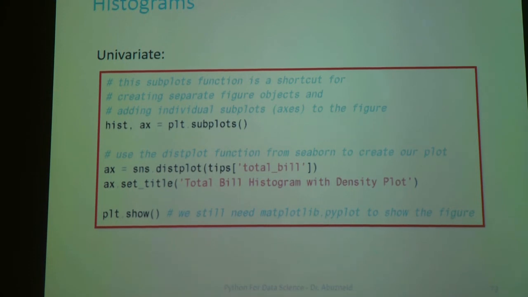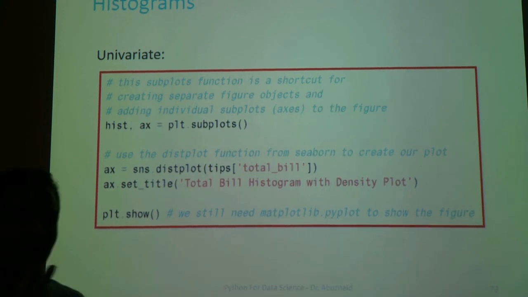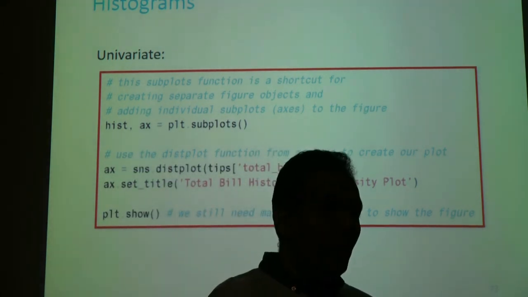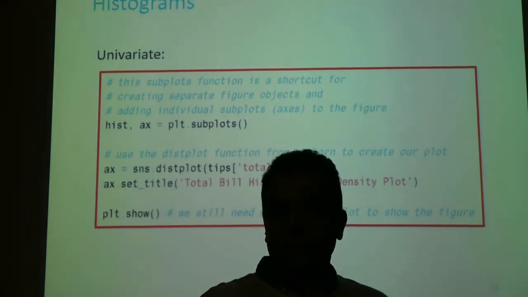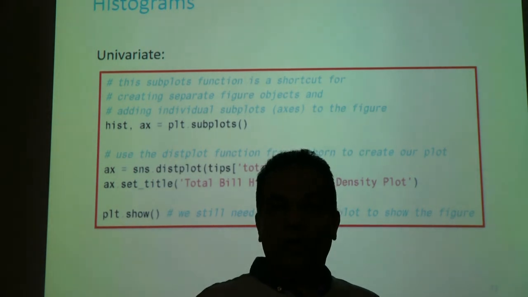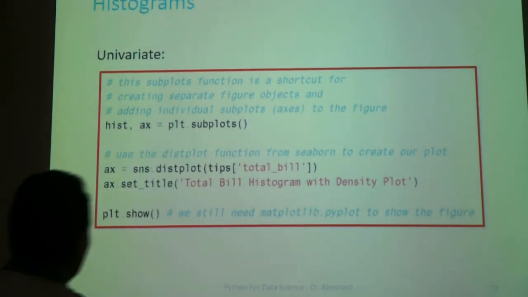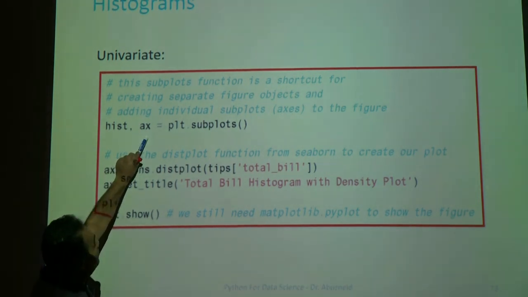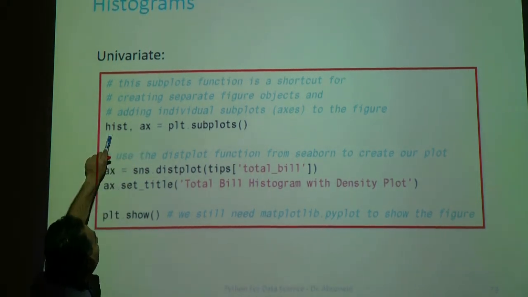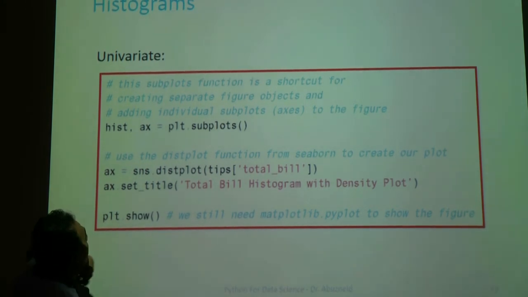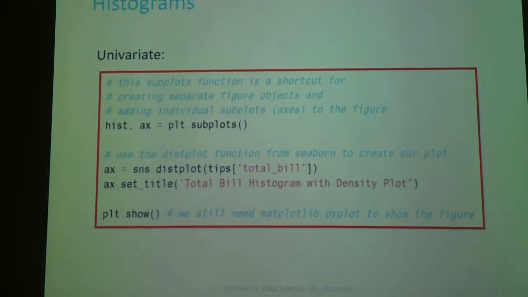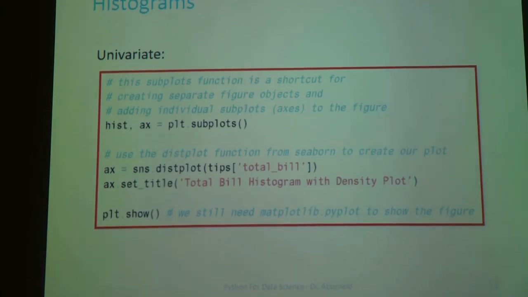In the previous one, remember what we did? We had to have 2 lines. The first line to create the figure. The second one to add a subplot to the figure. All right. This is a shortcut. So there is a subplot. We'll create the subplot, save it in ax, and we'll create the figure. We'll save it in histogram. So it creates a separate figure object and adds an individual subplot axis to the figure.